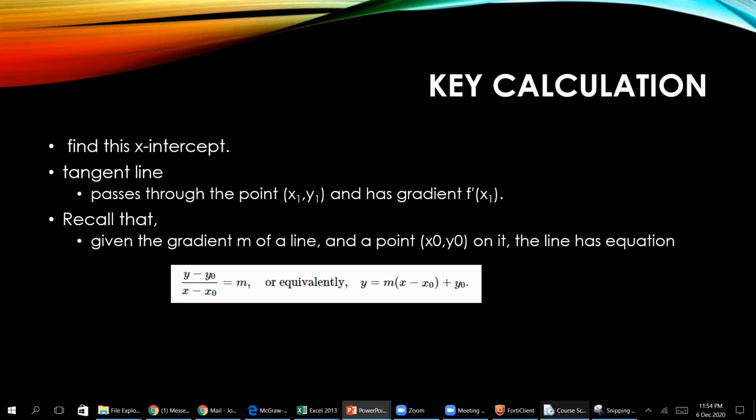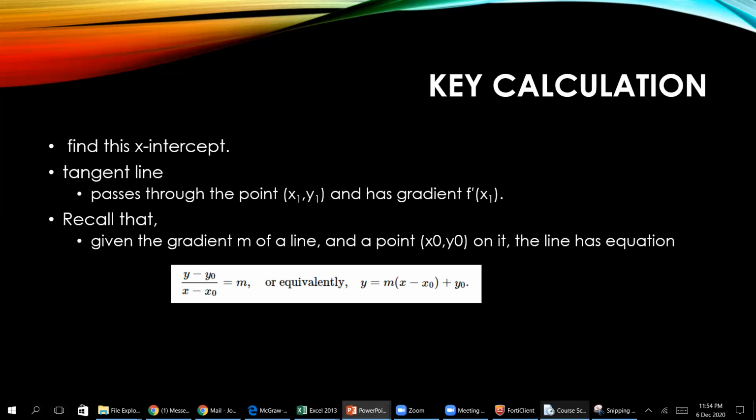We're going to use the x-intercept concept. The tangent line we are looking for passes through the point (x sub 1, y sub 1), and has a gradient equal to the first derivative of the function at x sub 1.